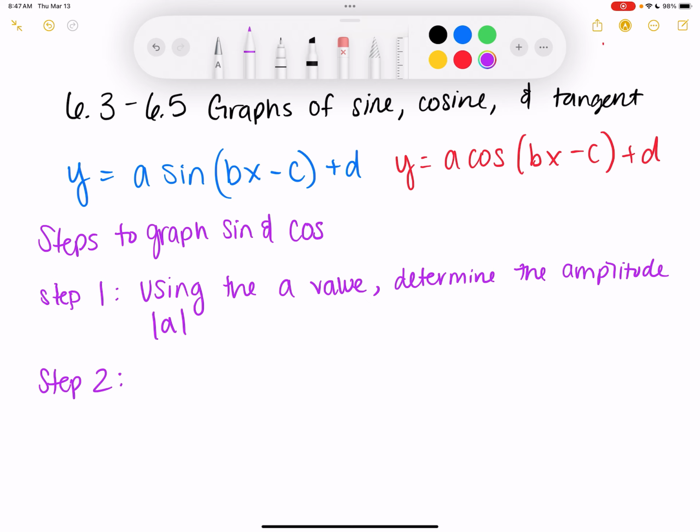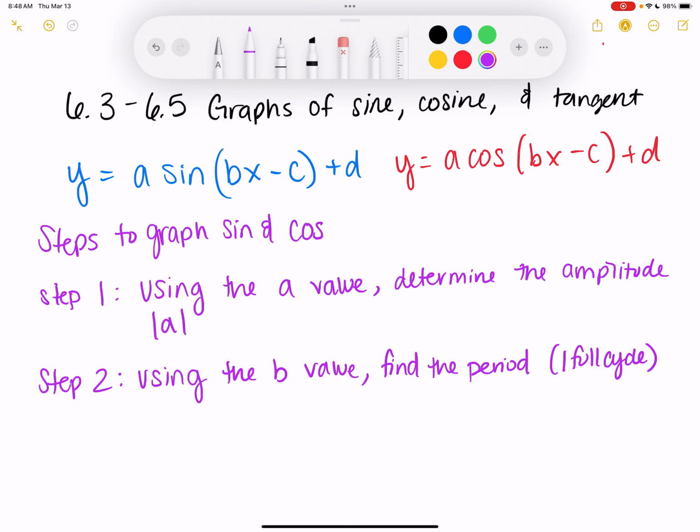Step 2, using the b value, find the period, which is one full cycle. So anytime I'm asking you to graph the trig functions, I'm only looking for you to graph one full cycle. We could go on forever in both directions, but I don't need to do that. So the formula to find the period is 2 pi over b.